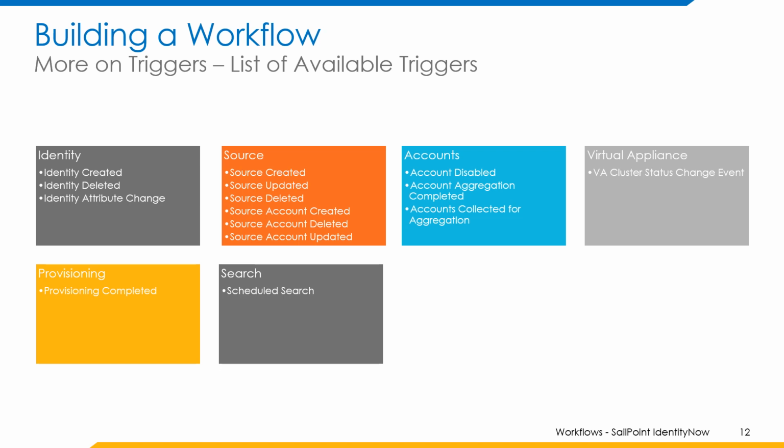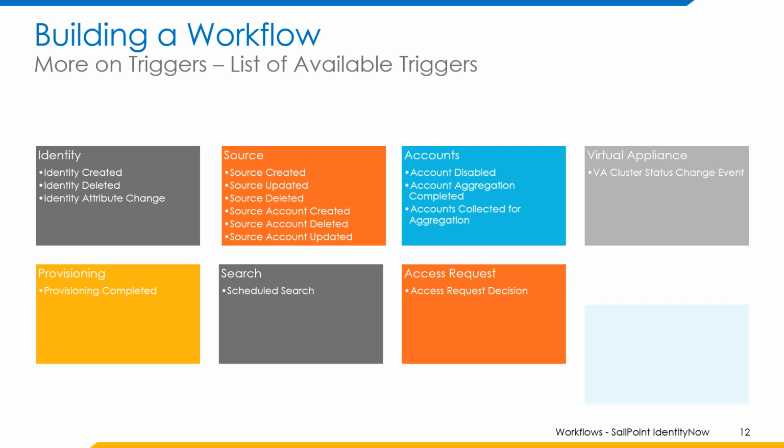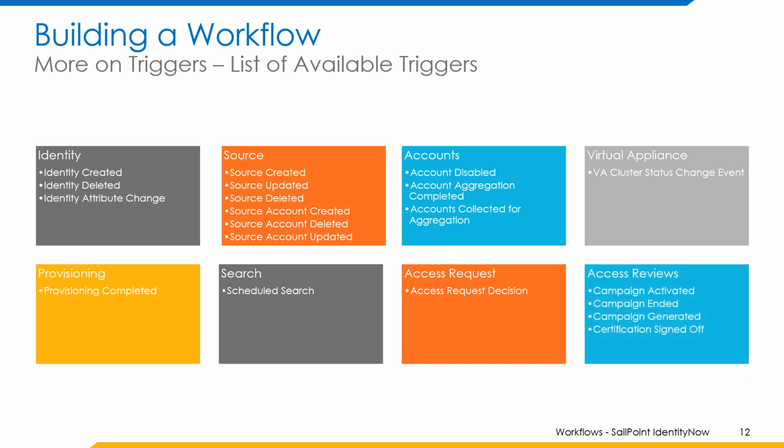A new workflow can be created to do operations such as access review or similar by the saved search query event trigger. We also have event triggers for access request decision and certification campaign related operations such as campaign activated, generated, and signed off as well.